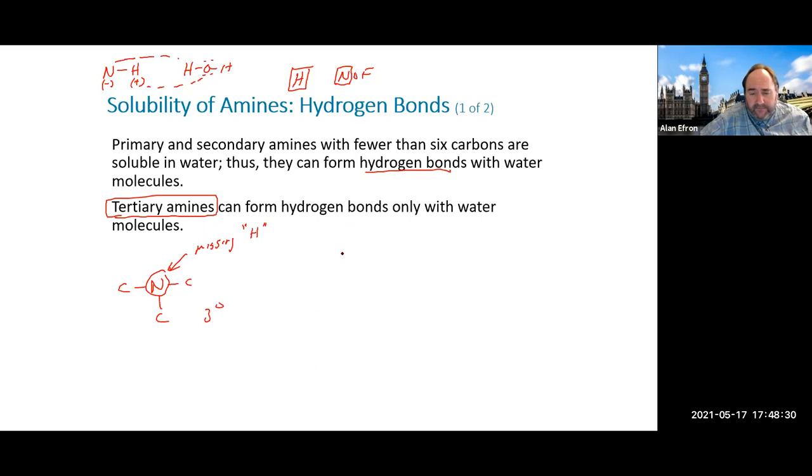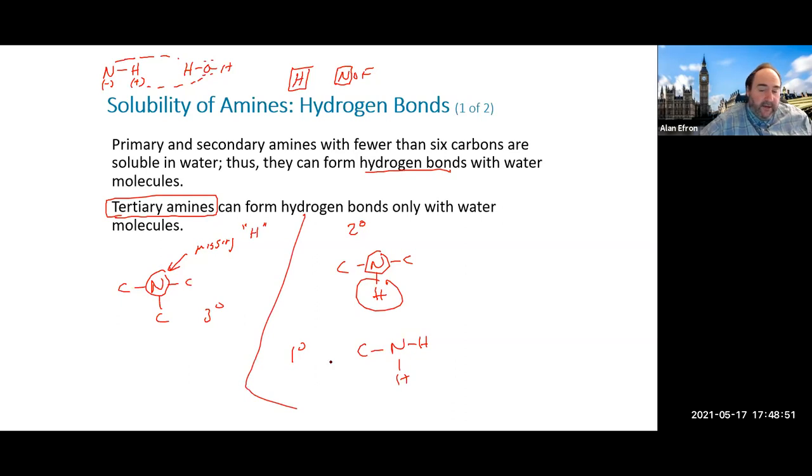But our secondary amines, like this guy, have a hydrogen and a nitrogen bond, so they can hydrogen bond. And our primary amines, which have a couple of these hydrogens here, can definitely hydrogen bond. So primary and secondary have the ability to do that because they contain that nitrogen-hydrogen bond. Tertiary, no deal on that. It cannot do that because it has no hydrogen there to participate in that hydrogen bonding.